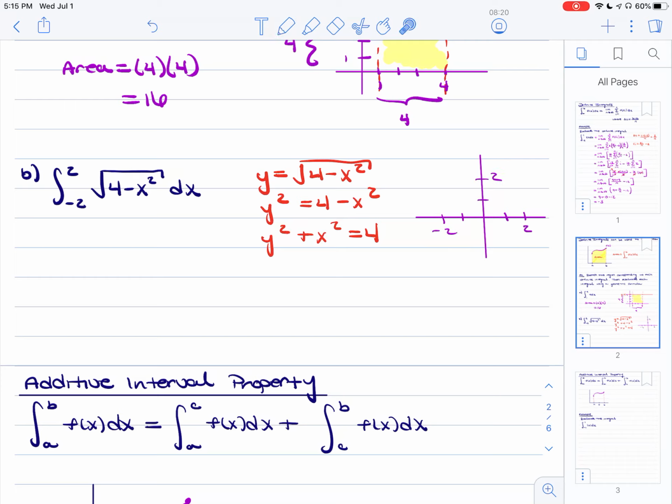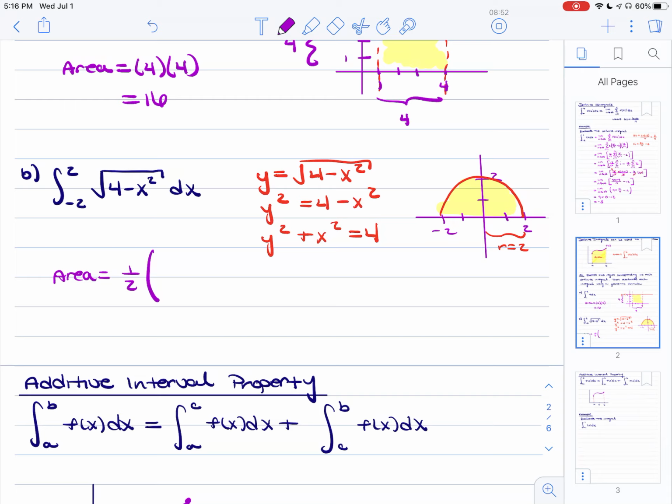Now, because it's only the positive square root and not the negative square root, that means that we're only looking at the upper half of the circle. So we're going to be looking for this area right in here, the area of half of a circle with a radius of 2. So our area, we're looking for just half of the circle.